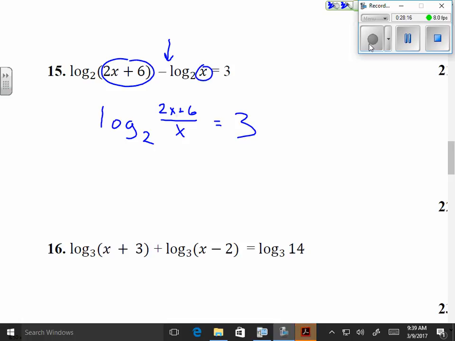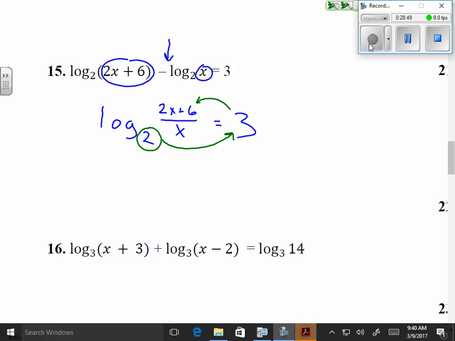Now we don't have a log on both sides, so how can we get rid of the log notation? What's the inverse of log formation? Exponential. So we take the base to the 3rd power equals, and the question becomes the answer.